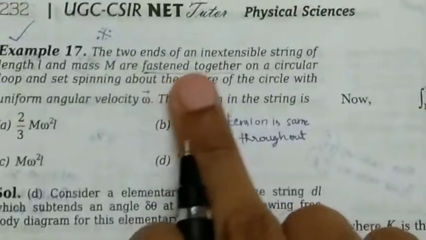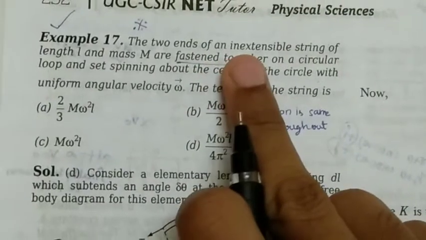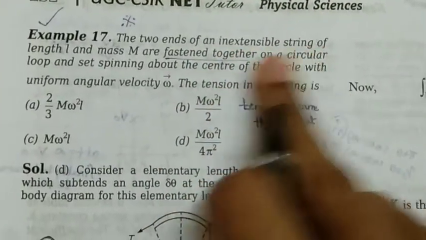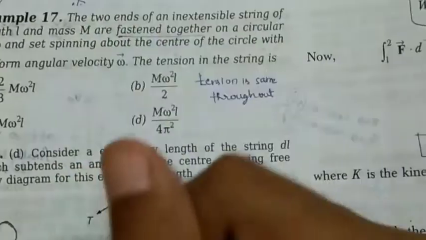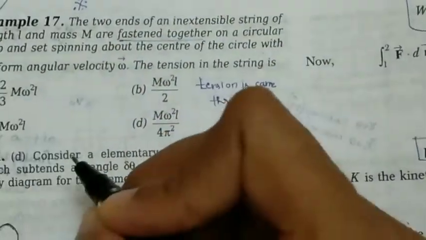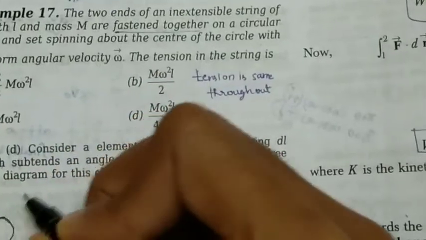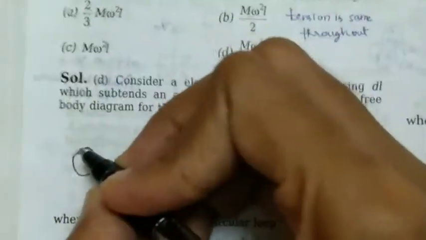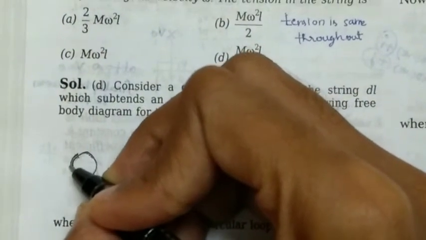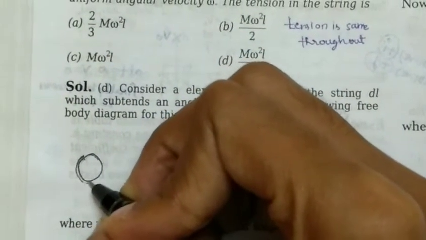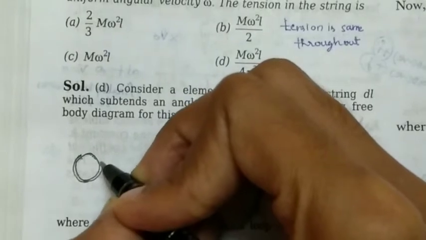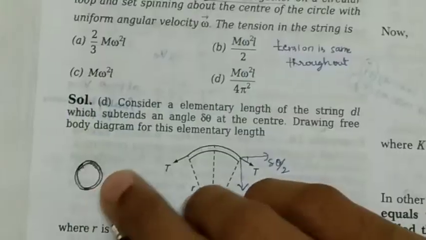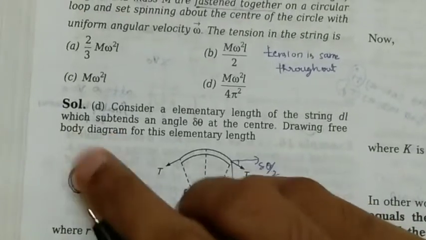We have to take a string, its length is L and it is of mass m, and fasten it together on the loop like this. We have to just attach this string to the loop, fastening tightly, so that the string aligns along this circular loop.